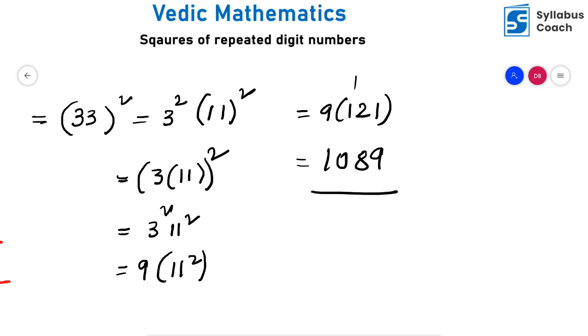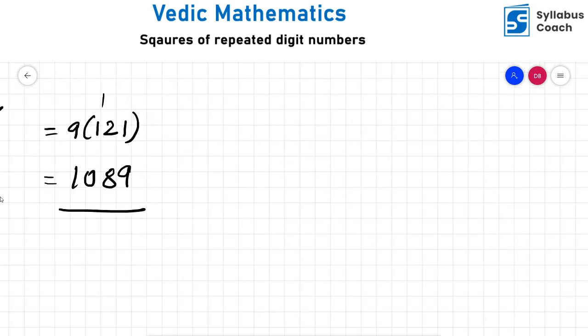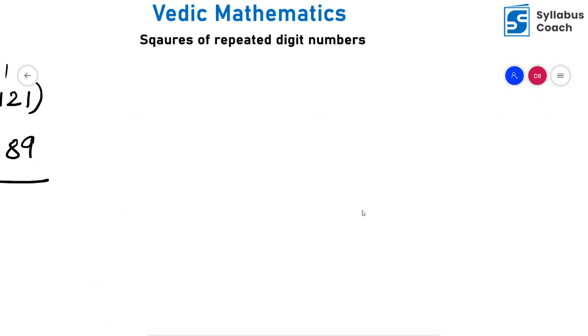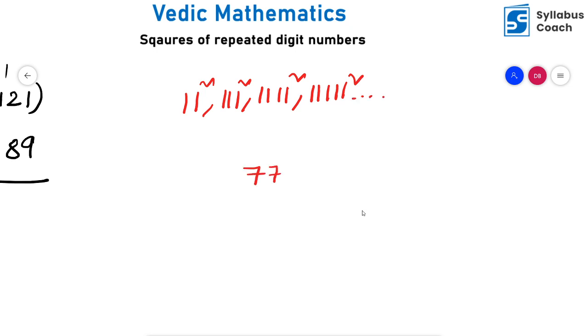Right? So now we need to understand various things like 11 square, triple 1 square, 1111 square, 11111 square, like this. Why? For example, if somebody asks you 777 square, then what is needed, students? 7 square into triple 1 square is needed, right?